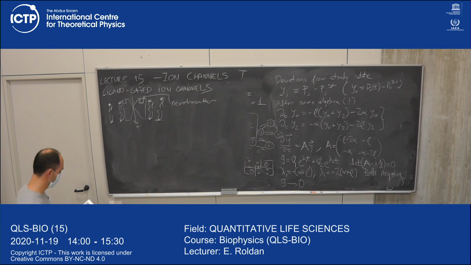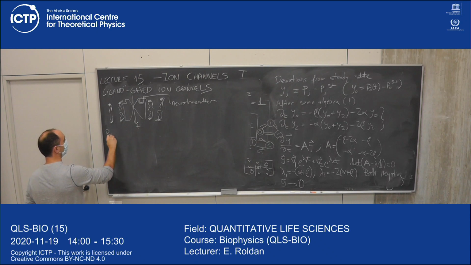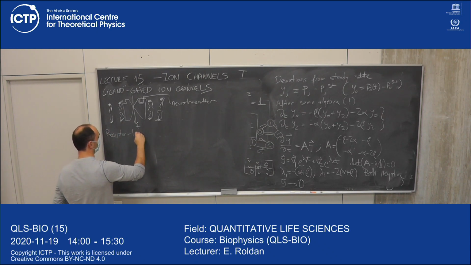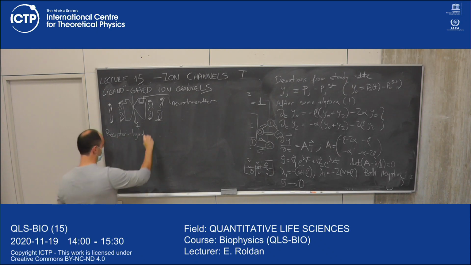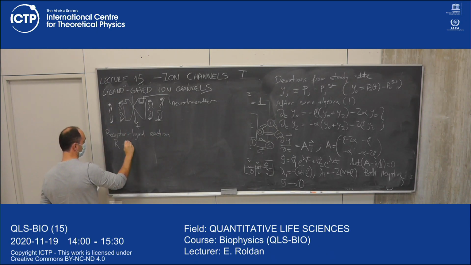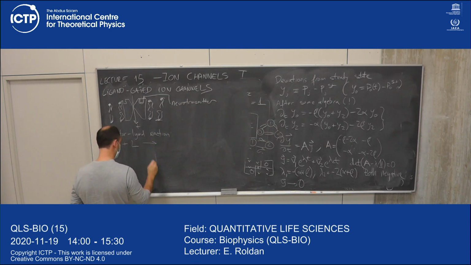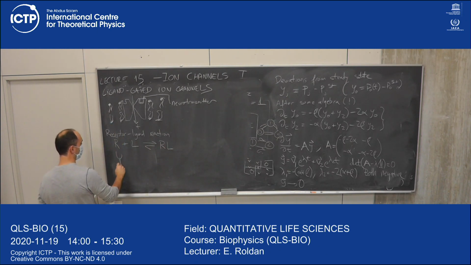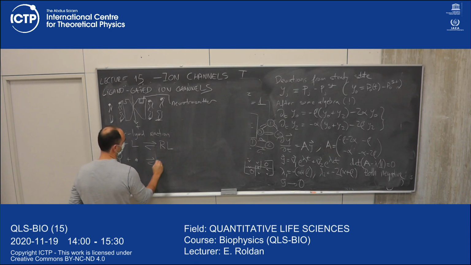Typically in chemistry, they think about the receptor ligand reaction, which is something like this. This will be the free receptor, this is the ligand, and this will be the receptor ligand.